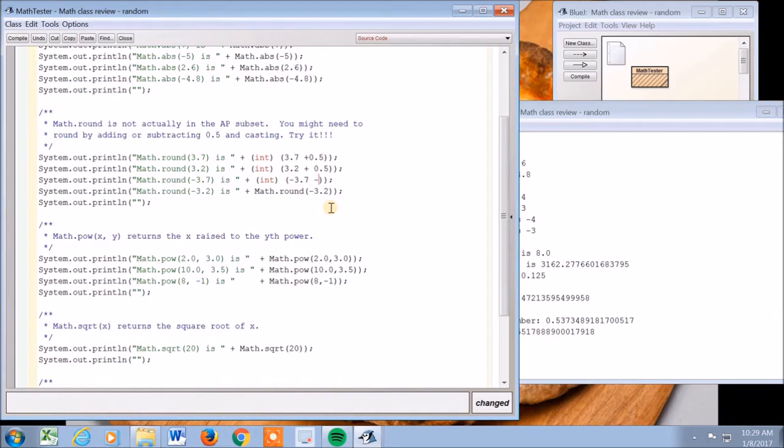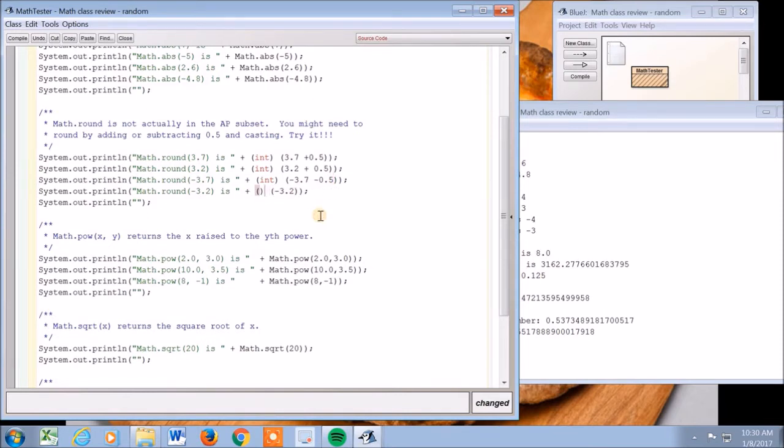So let's think about this here. When I round this, I'm going to get -4, but if I added 0.5, I get -3.2. When I round it, I'd get a -3. So if the value you're starting with is negative, you're going to have to subtract 0.5 and cast it to an integer, and that has the same effect as rounding.